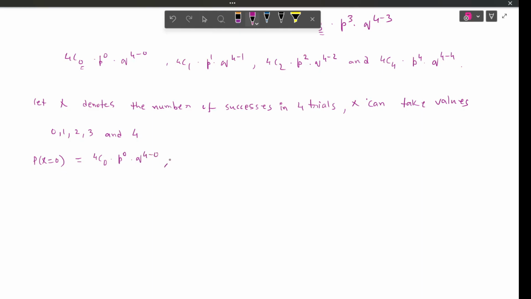That is 0 success. P of X equals 1, that means 1 success. We can say 4C1, p to the power 1, q to the power 4 minus 1.